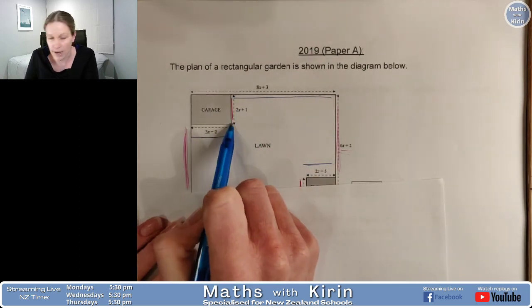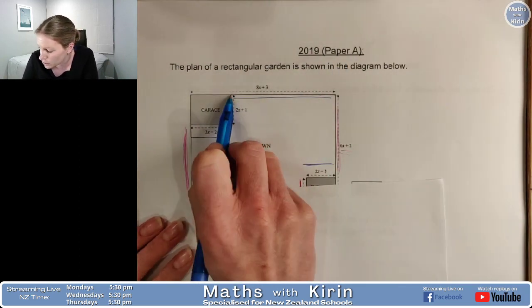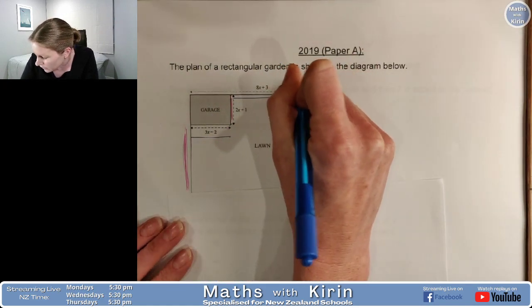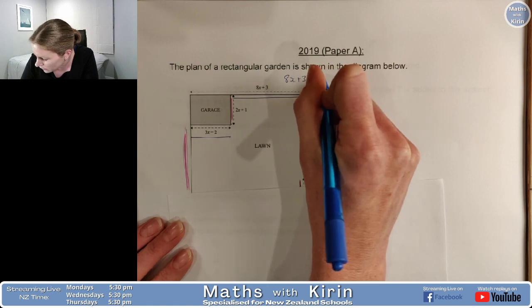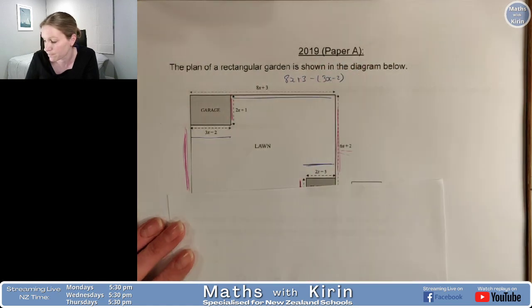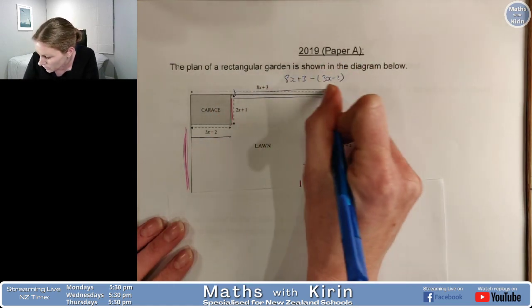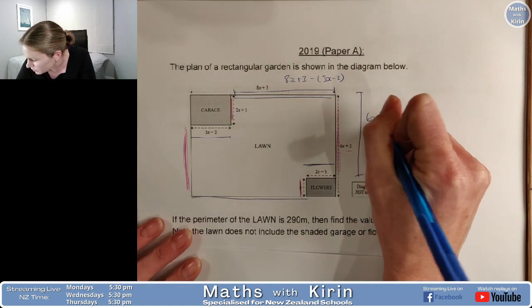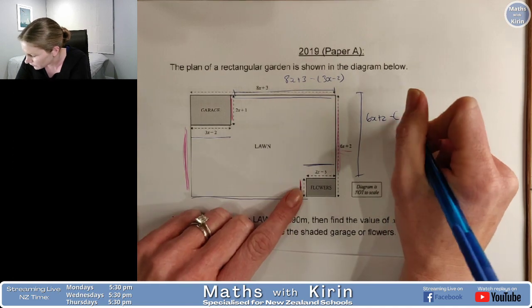The other way that you may have tackled this question is to break all of these bits into their individual parts. And so to find this part, you would have had to go 8x plus 3 minus 3x minus 2. Okay, and that would give you this bit here. This bit here would be 6x plus 2 minus x.